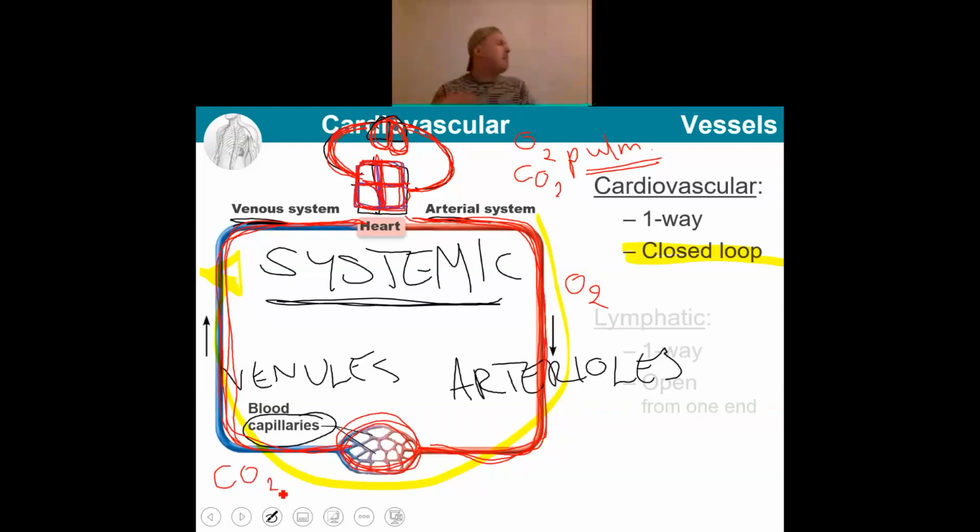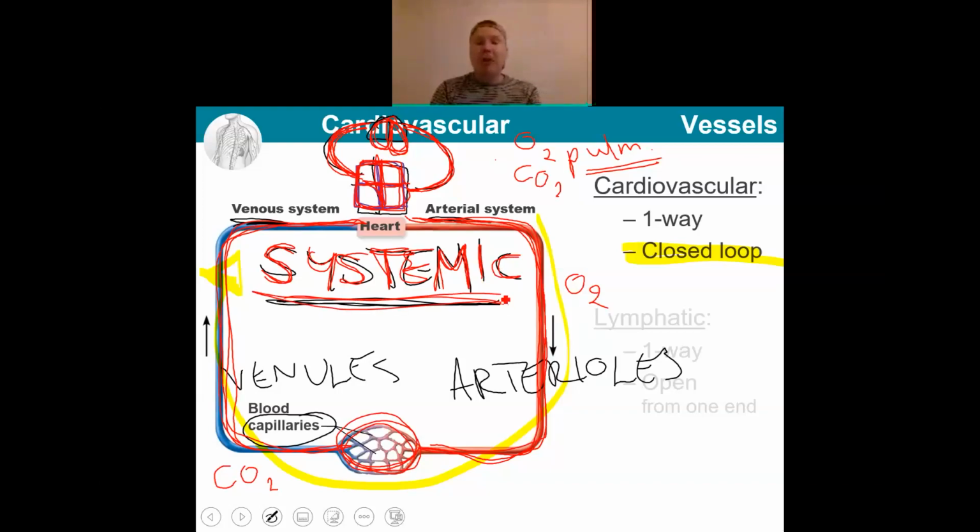This is the basic concept that we saw for the systemic circuit. That loop we've talked about already earlier on. The pulmonary loop is important too, but we're now focusing on the systemic loop.